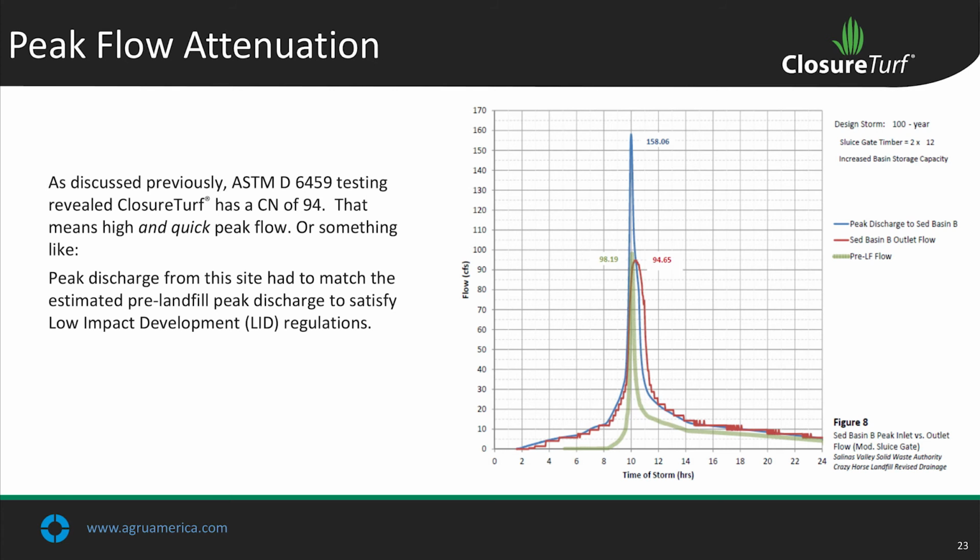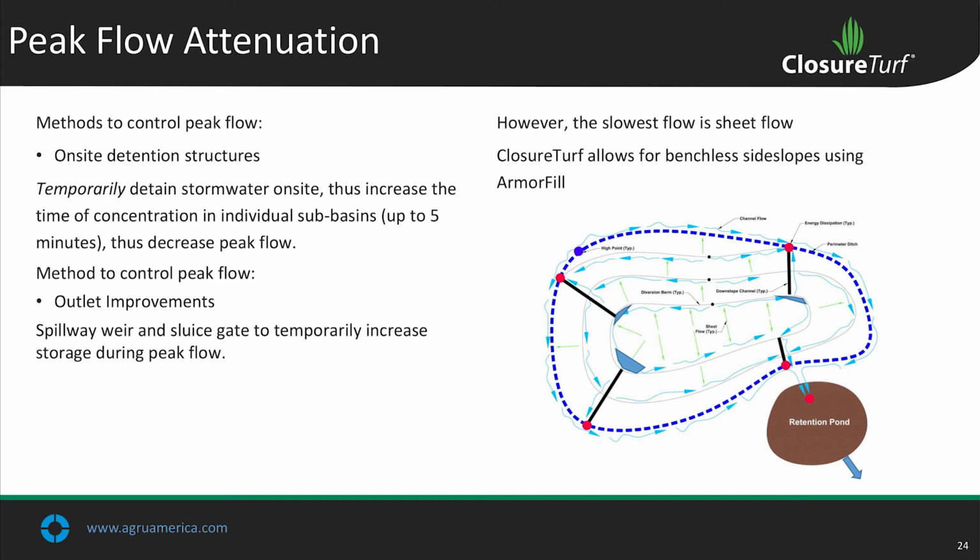For peak flow attenuation, I mentioned ClosureTurf has a curve number of 94. That means high and quick peak flow, or something like the chart here. This is, again, my favorite site in California, the Crazy Horse landfill. Peak discharge into the basin from the closed facility with ClosureTurf is up here at 160 CFS.